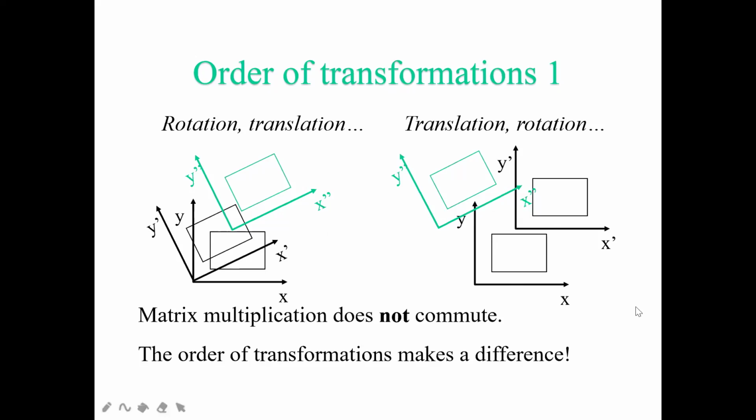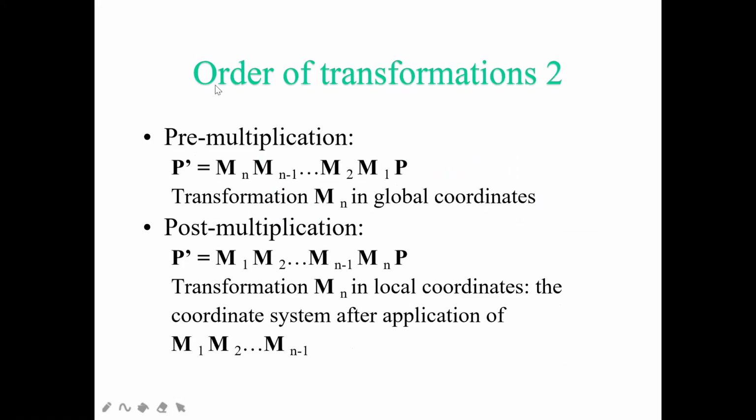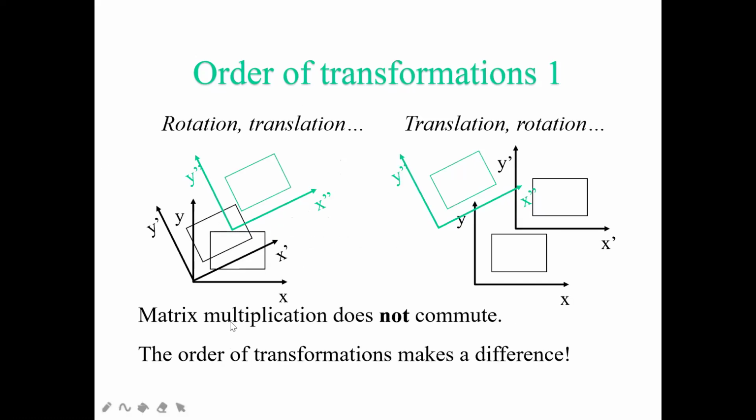Now let's move to the next slide. Here you can see, first pre-multiplication, we'll just check it out. Suppose I have the global coordinates of m1 to mn, and if I want to find out p dash, I'm just going to prove whatever I have told you here.